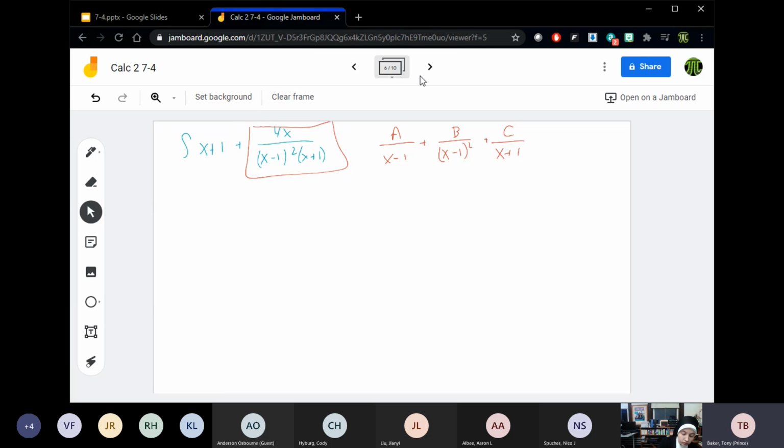So now when I do out my pieces, I have a times x minus 1 times x plus 1. I have b times x plus 1. And I have c times x minus 1 squared. And that has to equal 4x.